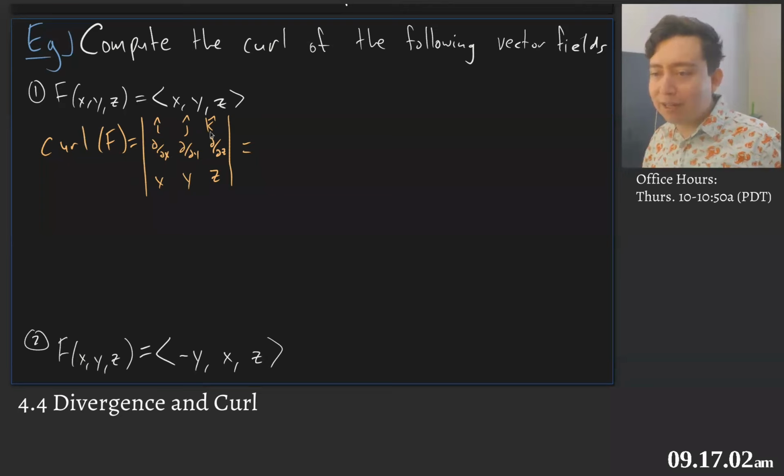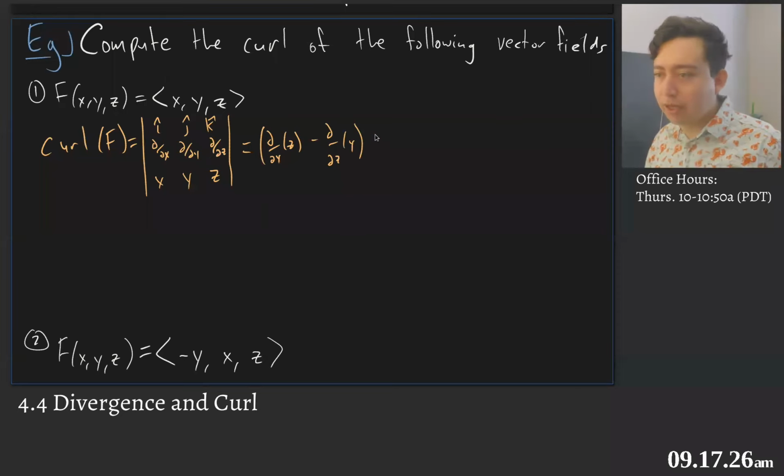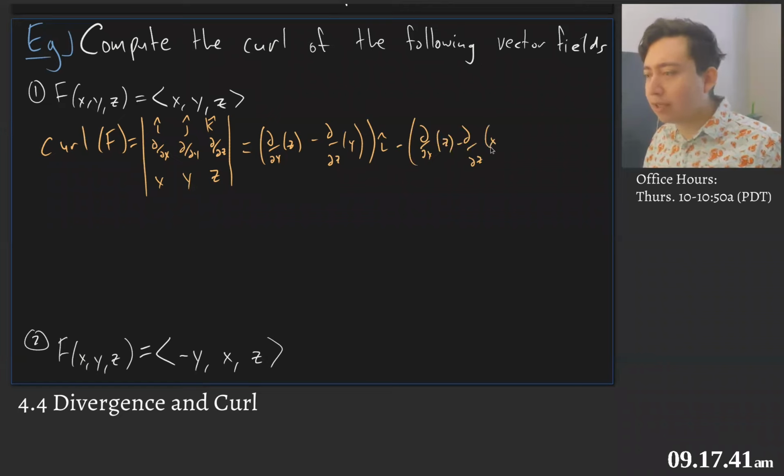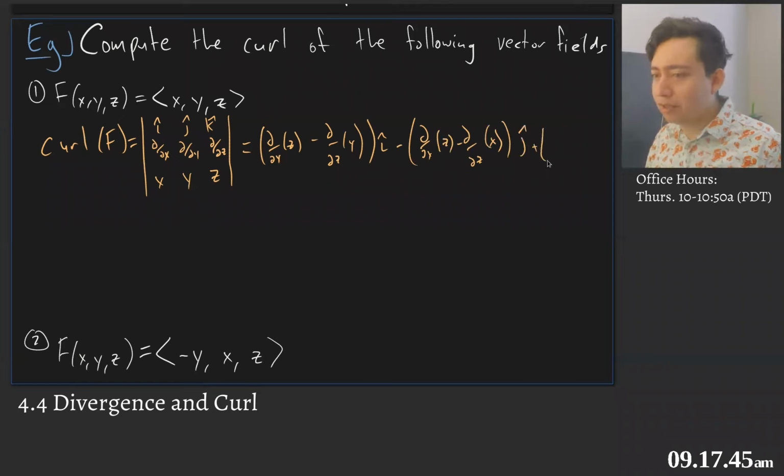Okay, now what we're going to notice about a lot of these is that we're going to get, in this case, d dy of z minus d dz of y, and that's going to be on i, plus or minus d dx on z minus d dz on x times j, plus or minus d dx on y minus d dy on x times k.